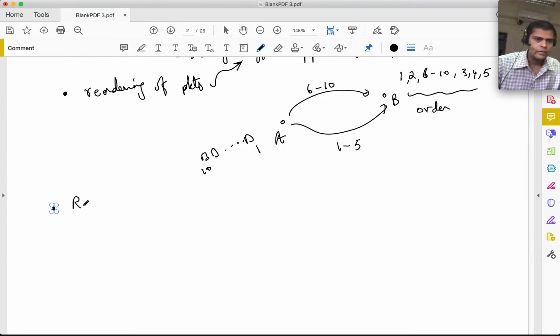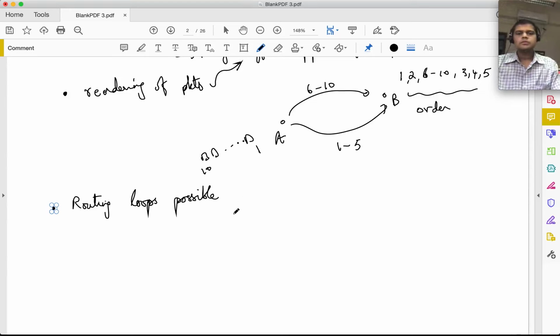We could have routing loops. So the protocol itself, like a link state routing protocol, shouldn't give routing loops, but that is when we assume that the weights are fixed and then the routing paths have converged.